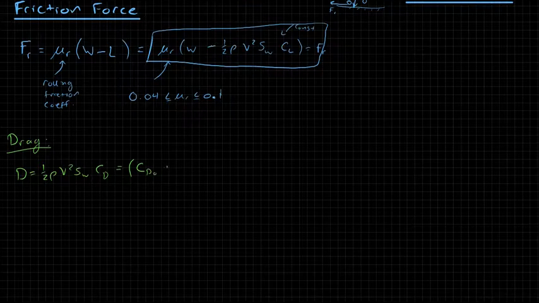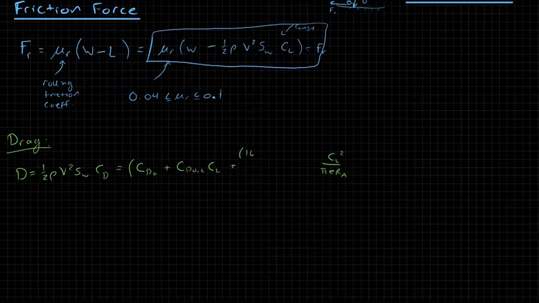So our drag coefficient starts out like we'd expect, C_D0 plus C_D0L times C_L. And then we're also going to have our C_L squared term over pi eAR. But there's an extra term that shows up when we're close to the ground.